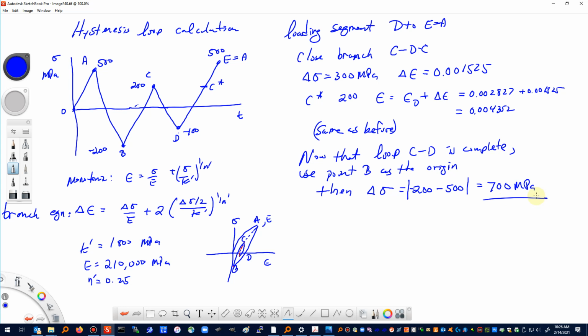The most common mistake that I see students do is that they think, well, we're already at 200, 200 to 500 is 300, so I'll just throw in a delta sigma of 300 and calculate the strain. That won't work. We need to identify where the tip of that hysteresis loop was. It was all the way down at point B. So the hysteresis branch, the delta sigma starts at point B and goes up to point E. That gives us a total range of 700 megapascals.